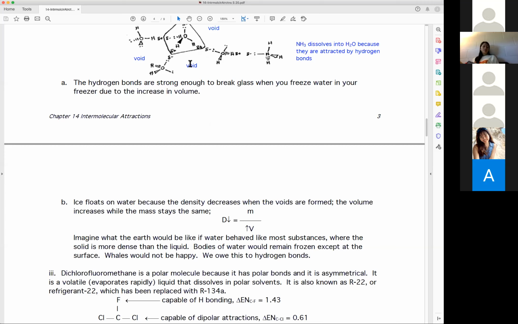Can you imagine what the world would look like if water behaved like most other substances? What would happen to lakes in the winter? All the ice would go down to the bottom, and then it would never thaw out again. It'd be a totally different world that we'd live in. If we were living, which we probably wouldn't be.